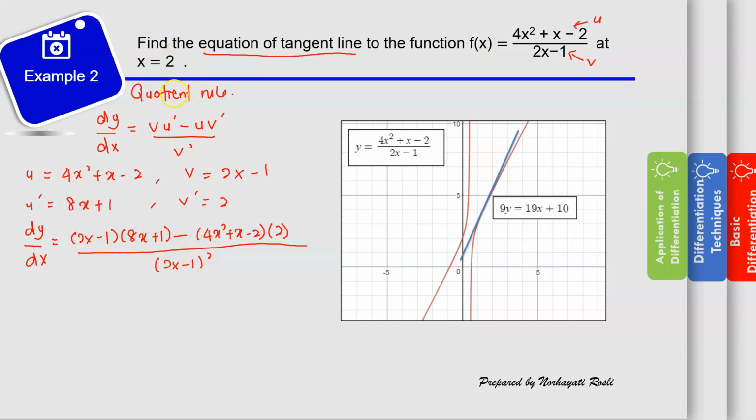If you remember, this is our step number 1. We need to differentiate the function. And step number 2, we need to substitute x in dy/dx. So in our case, our x equal to 2.